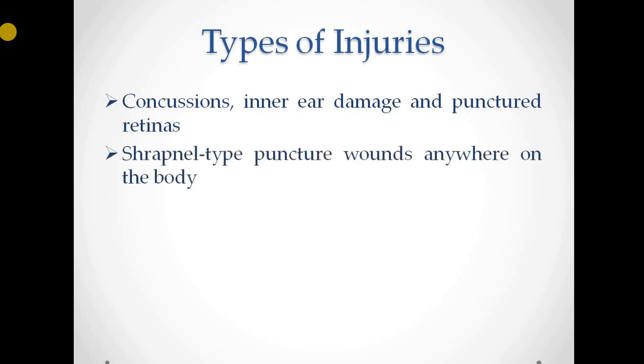Concussions, inner ear damage and punctured retinas. If we see in detail, concussion refers to a temporary unconsciousness. Ear damage can be internal, retinas puncture, then shrapnel type puncture wounds anywhere on the body, poisoning, lung damage.